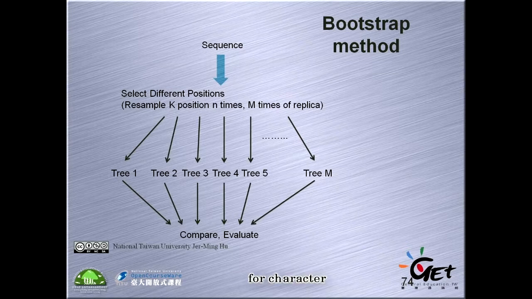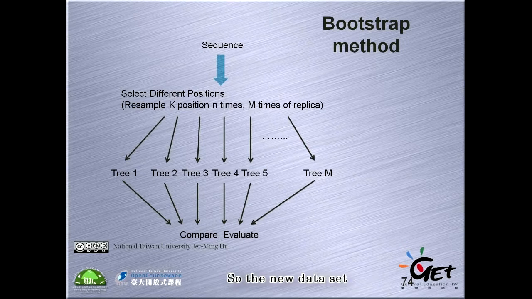For example, for site 1, we select character number 7 as the first site. The second site is from character 33, and then 29. It's possible that you resample a particular character again, like in this case, where the 7th character is resampled.